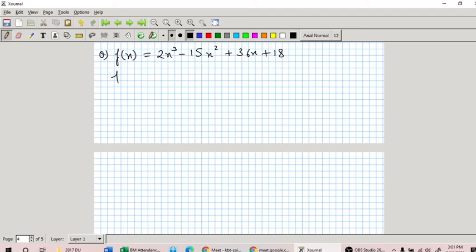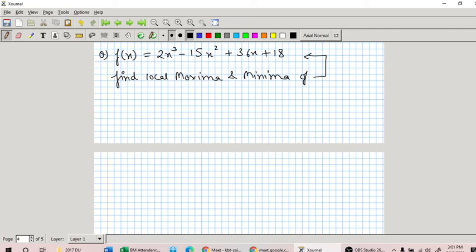And we need to find local maxima and minima of this function.